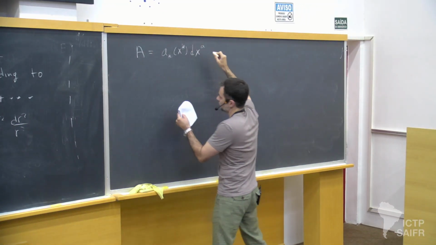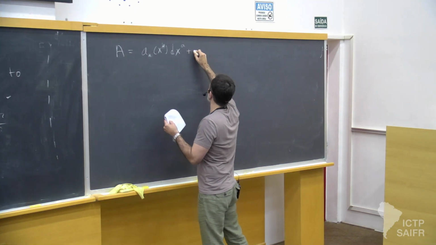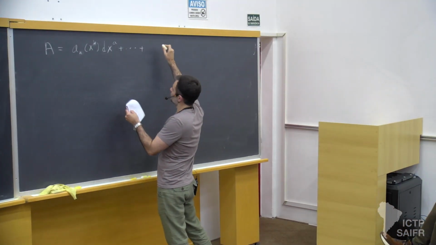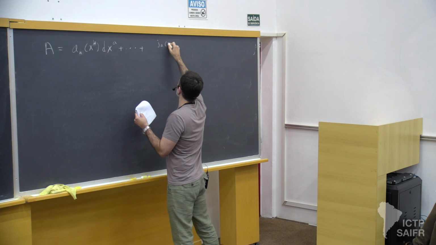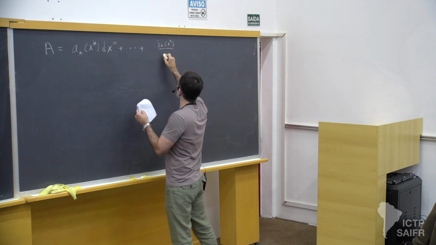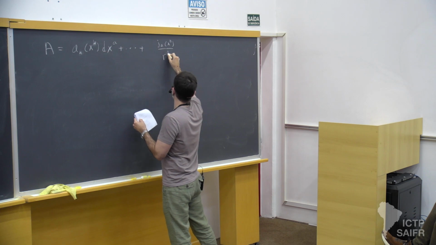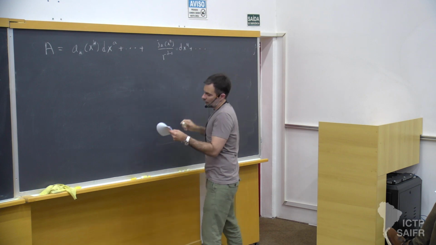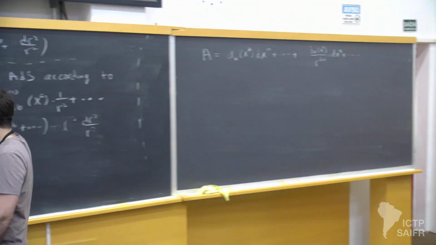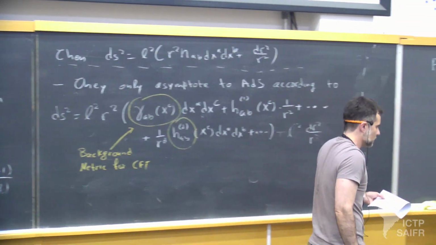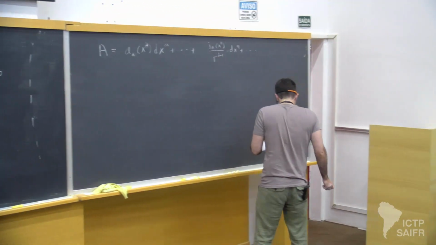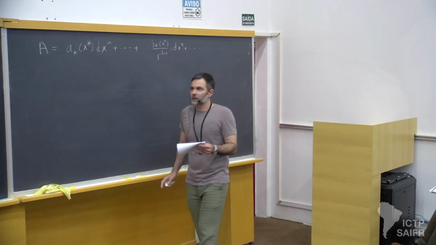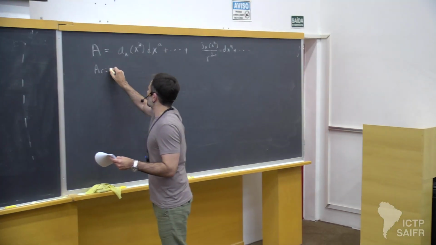Let me call this B. And again, there will be some term that will be fixed in terms of this leading term, plus another term which comes with a very fixed power of R, plus dot, dot, dot. And so here I had made the coordinate choice where G_AR is 0 and G_RR is 1 over R squared. Here I'm making a gauge choice which has 0 radial component, right? So A_R is basically 0.